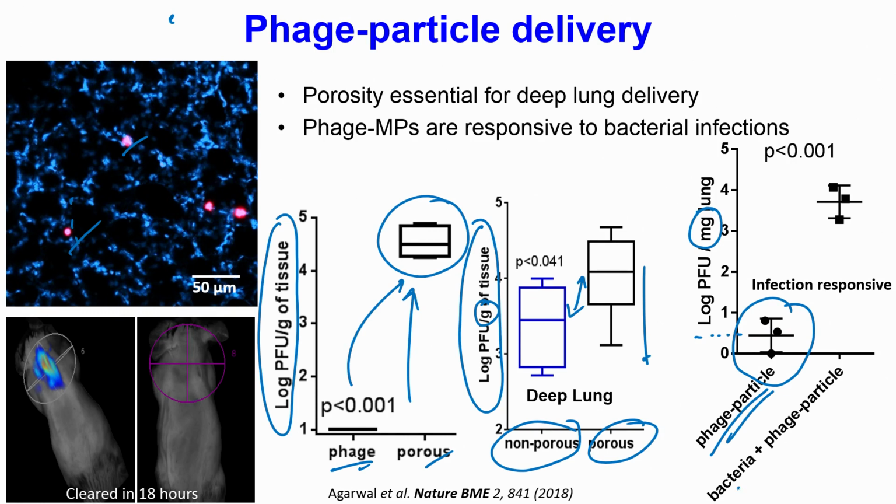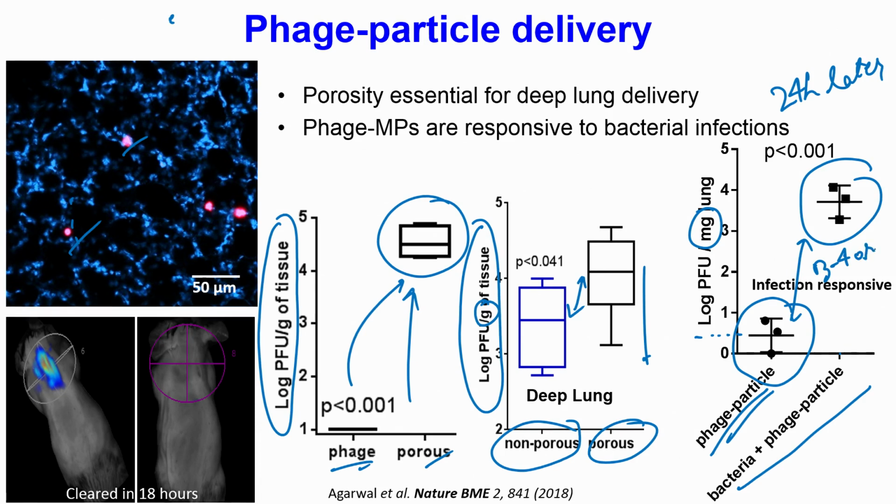However, if you have infected lung, these phages then replicate. This is done 24 hours later. These phages replicate and actually increase their number by again almost 3 to 4 orders of magnitude, indicating that these are actually self replicating and infection responsive system.